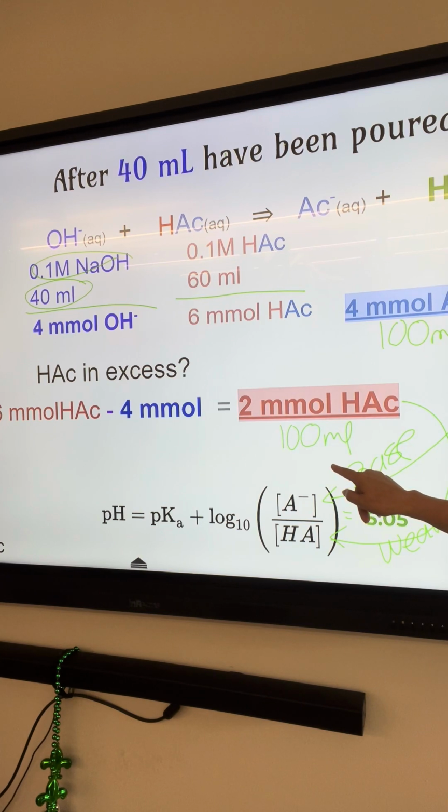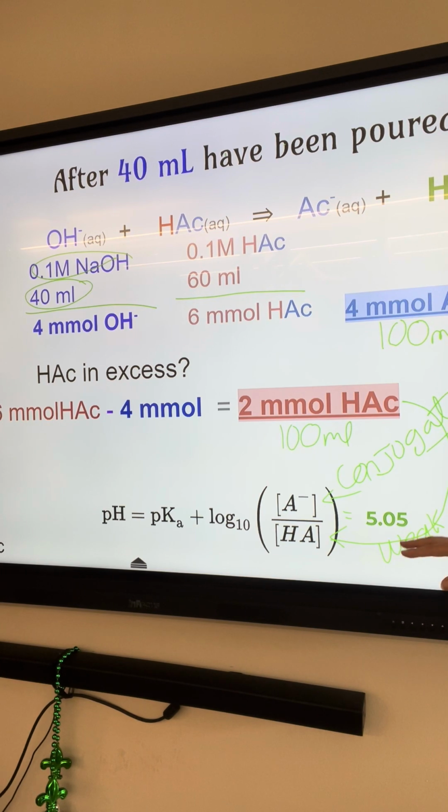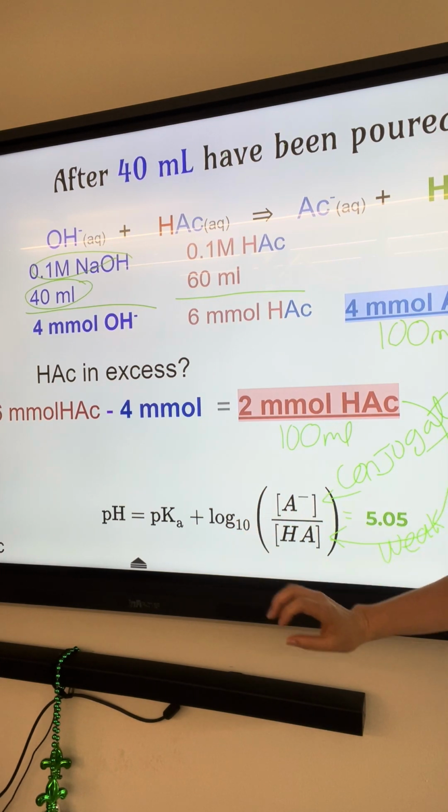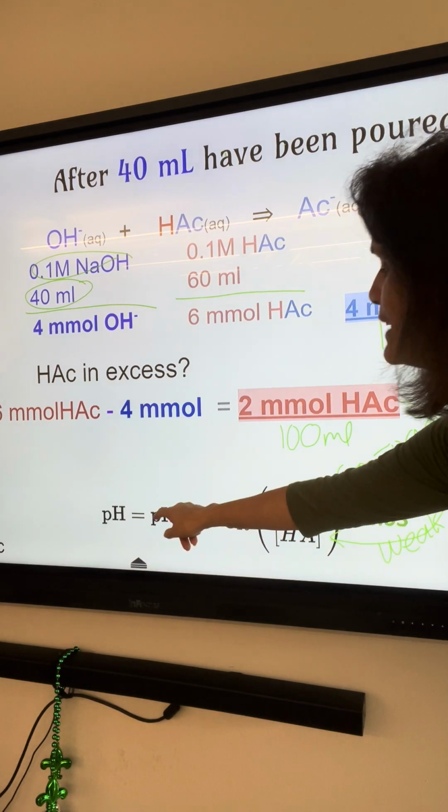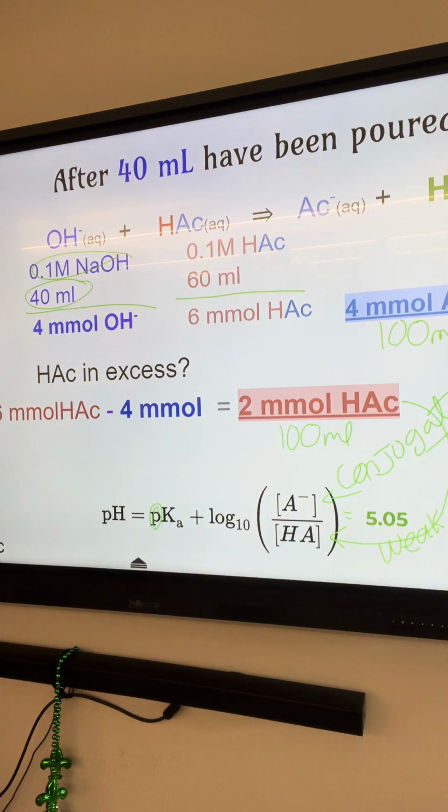It's actually the conjugate base. That's the reason we are doing buffers right now. It is the conjugate base divided by the weak acid, log of that, plus the negative log, P means negative log, of your Ka, and your final answer should be your pH.